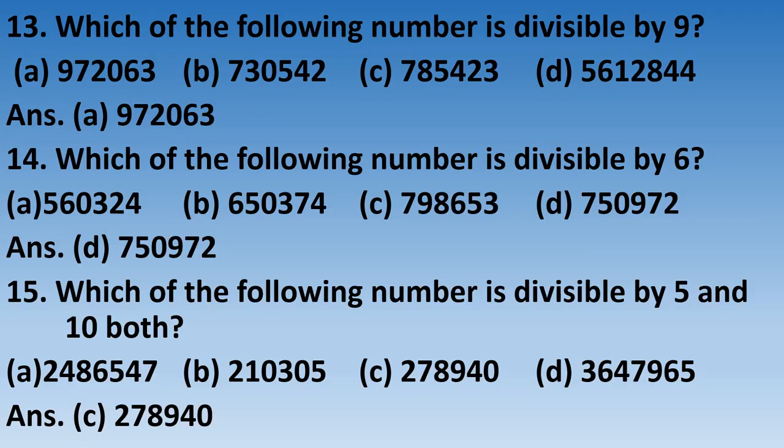But a number is divisible by 10 if its ones place digit is 0 only. So, a number divisible by 5 and 10 both is 2,78,940.